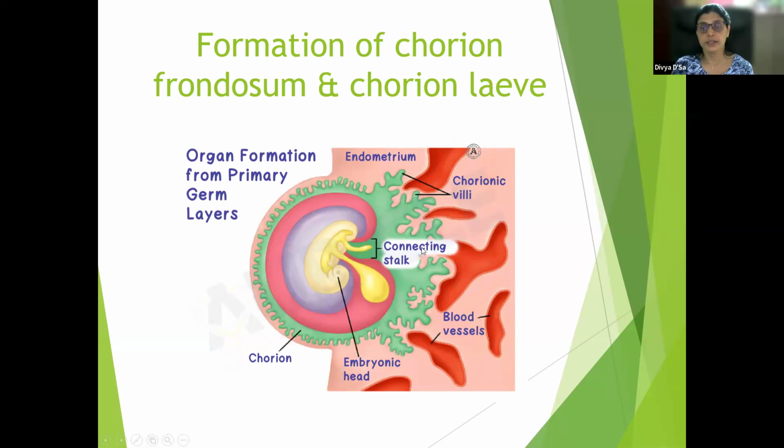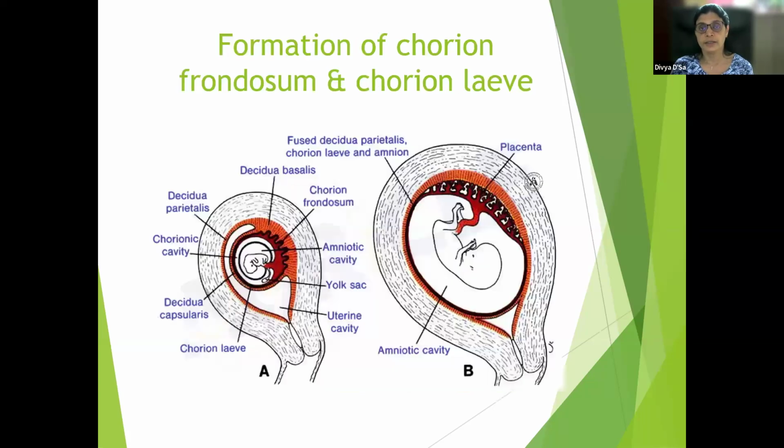That is the chorion frondosum and chorion laeve. The chorion frondosum contributes to the formation of the placenta. You can see that initially they develop all around, but later only towards the decidua basalis does the chorion frondosum part develop well.